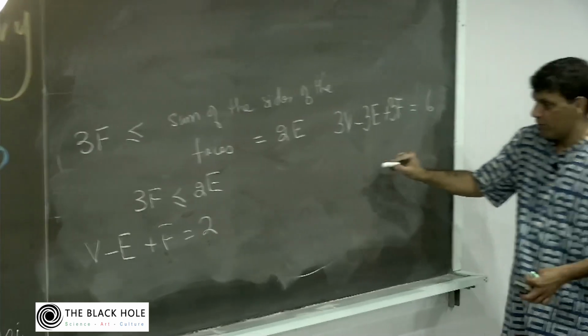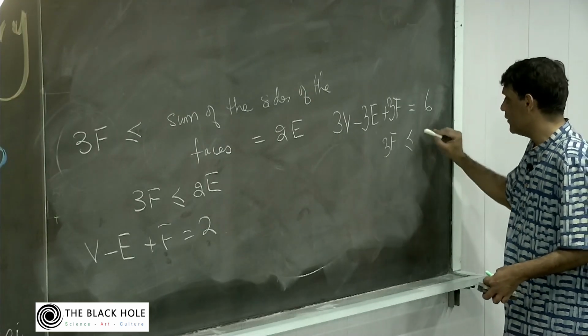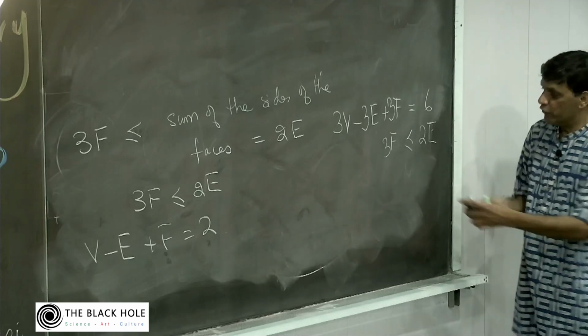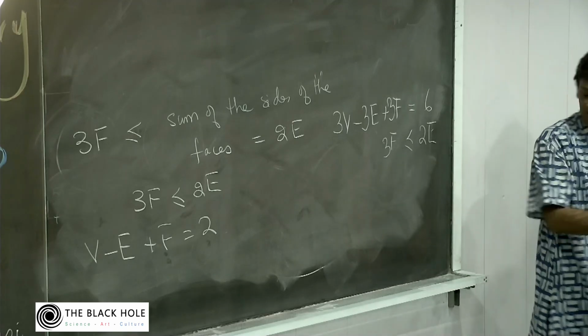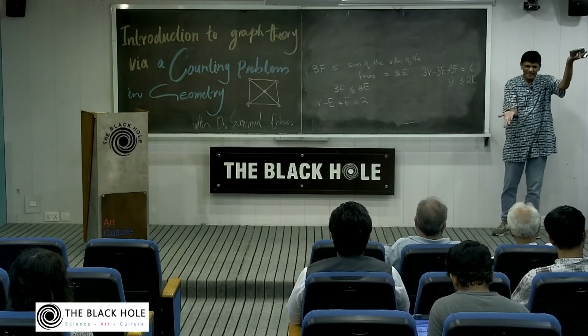And then we have 3f is less than or equal to 2e. So I have an inequality, there's an imbalance. If I subtract equal things from both sides, I get the same imbalance.